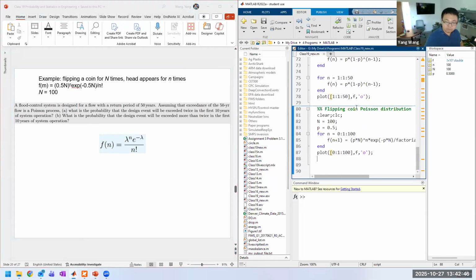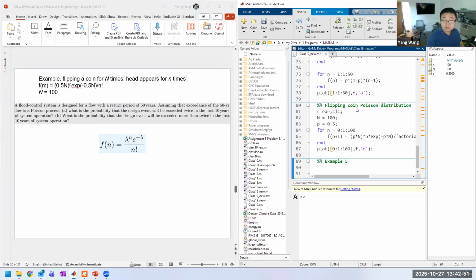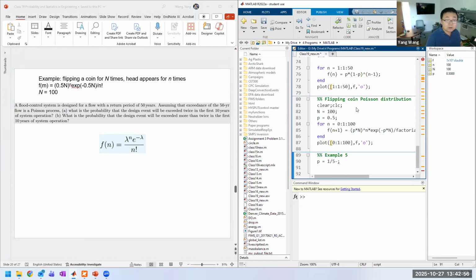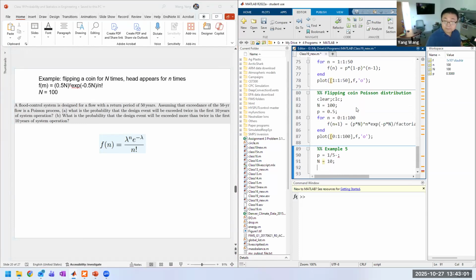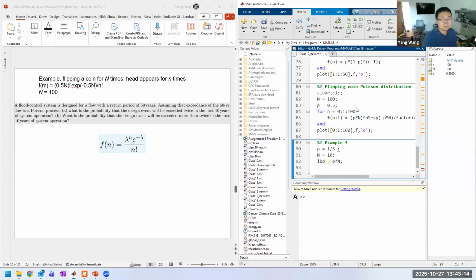So this is example 5. First, P is going to be 1 divided by 50, and then there are 10 trials. So lambda is going to be P multiplied by N. And then we are trying to see what is the probability that the design event will be exceeded twice in the first 10 years.